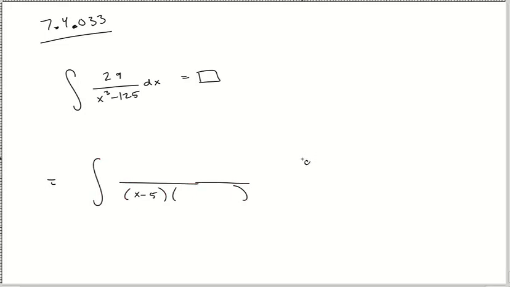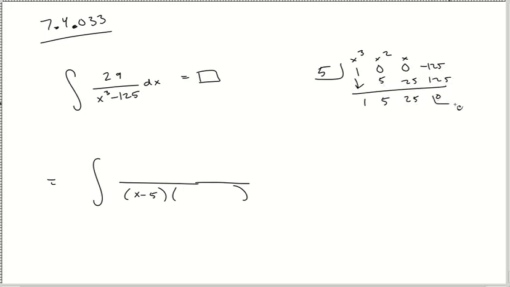Now, how do I actually get the rest of the answers? I'm going to use synthetic division. Now, you should be happy that we're using synthetic division and not long division. Okay, so I bring down the 1. So 5 times 1 is 5, plus the 0 is a 5. 5 times 5 is 25, plus the 0 is 25. 5 times 25 is a 125, and they cancel, which I assumed.